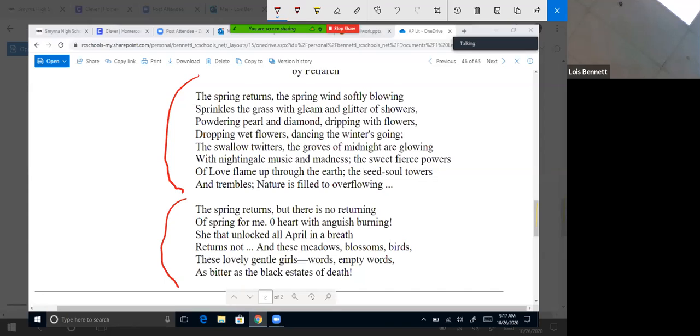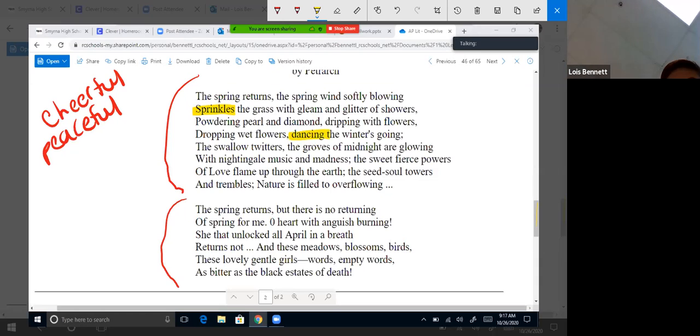Admires the flowers. Okay. Cheerful. All right. So we have a couple of things. We've said cheerful, peaceful. Other thoughts? All right. What is some of our evidence? What creates this tone? Dancing. Sprinkles.